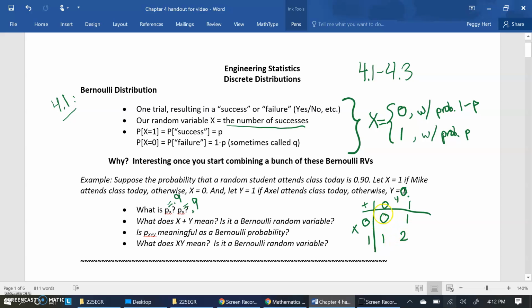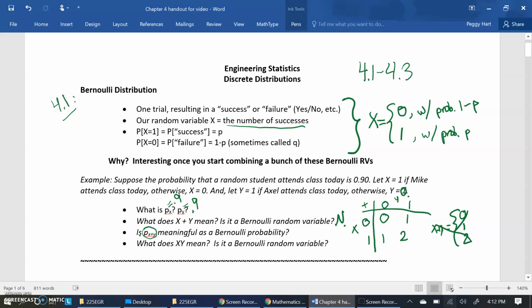Well, x plus y can take values 0, 1, or 2, so no, it's not a Bernoulli random variable. But does it have meaning? Yes. It's the number of people who attend out of those two people. So it is meaningful. Is there a single probability of success for x plus y? No, because it's not Bernoulli.